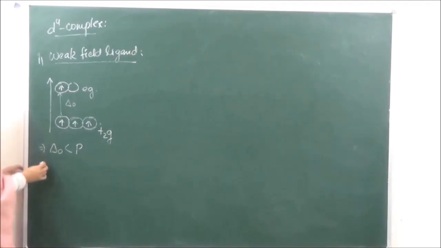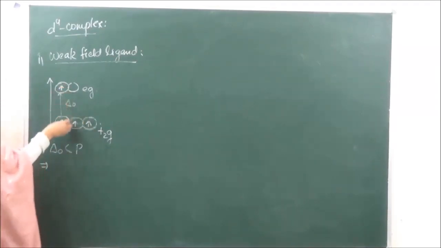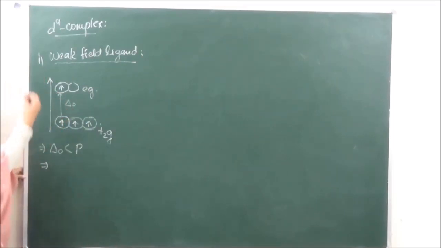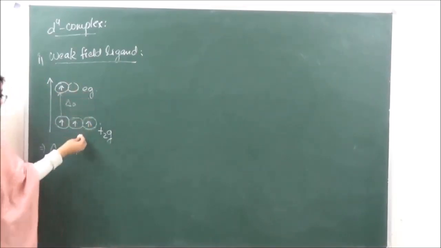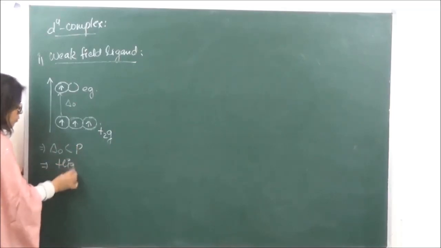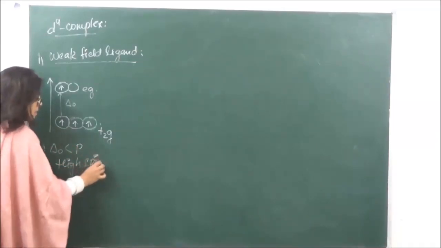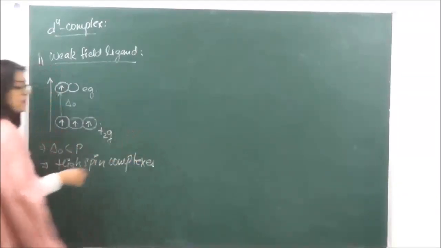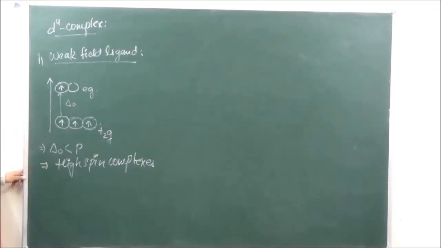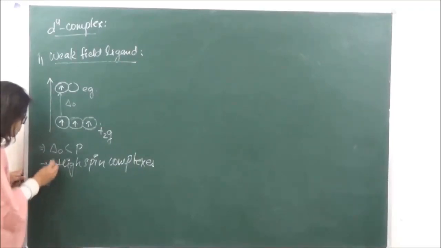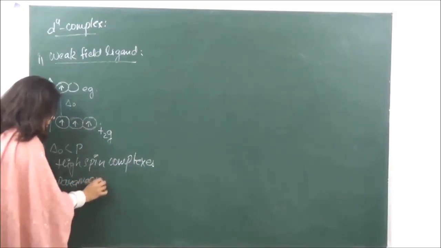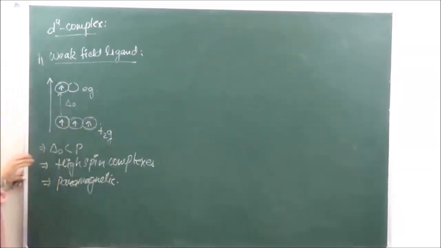As you can see, the electrons are filled up in 2 different levels of orbitals, and all of them are going to be unpaired over here. They are going to form high spin complexes, right? And as all of them are unpaired, they are going to form paramagnetic substances.